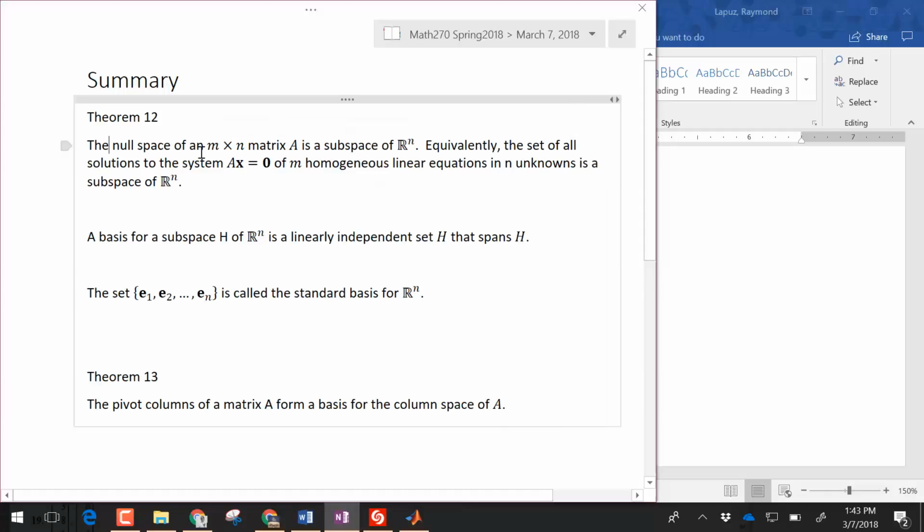There's a theorem that says the null space of an M by N matrix is a subspace of Rn.